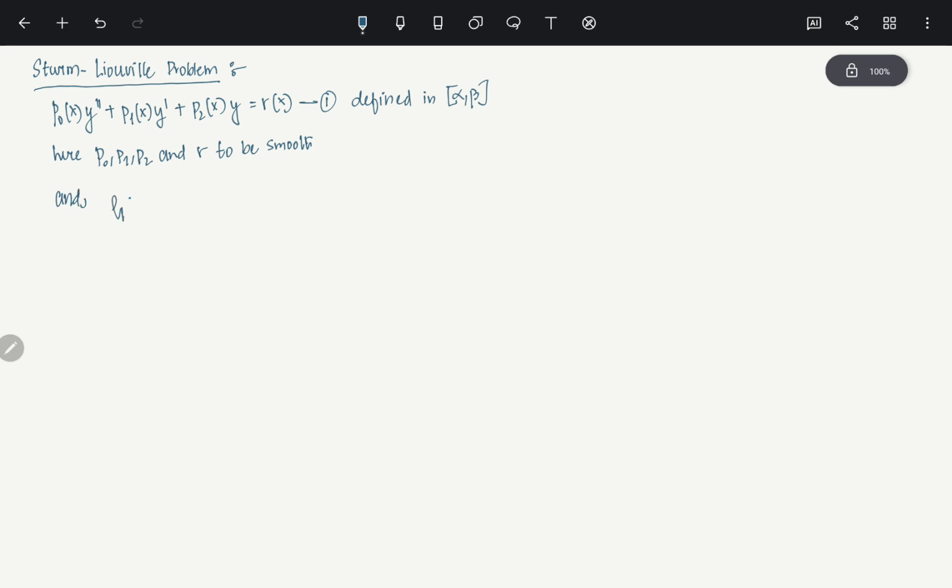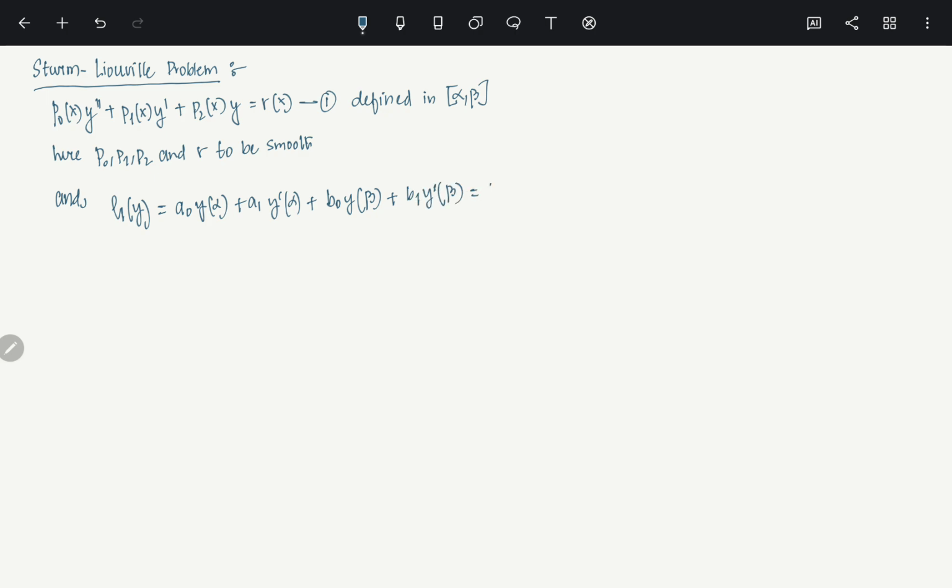First of all, we'll call it L1 of y, which is given by a naught y at the point alpha plus a1 y prime at the point alpha plus b naught y at the point beta plus b1 y prime at the point beta.